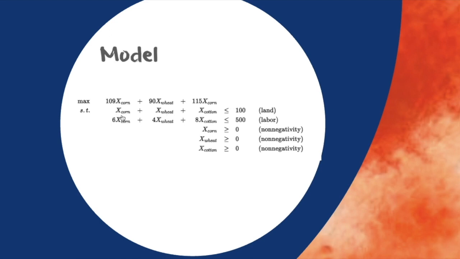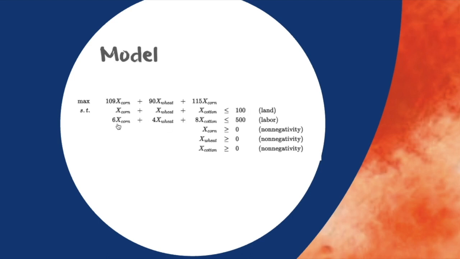The land constraint is a simple one: a unit of corn needs a unit of land, and it's the same for wheat and cotton. So the sum of the land needs to be lower than or equal to 100.